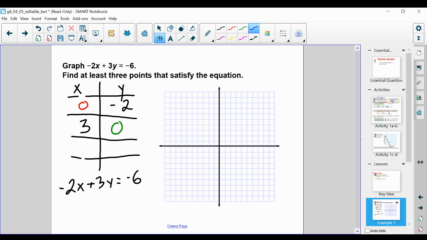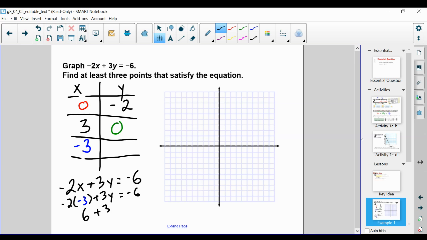Let's say we already have 3 for x. We know that 1 and 2 didn't work. How about we try -3? Let's see if that works. So we have -2 times -3 plus 3y is equal to -6.